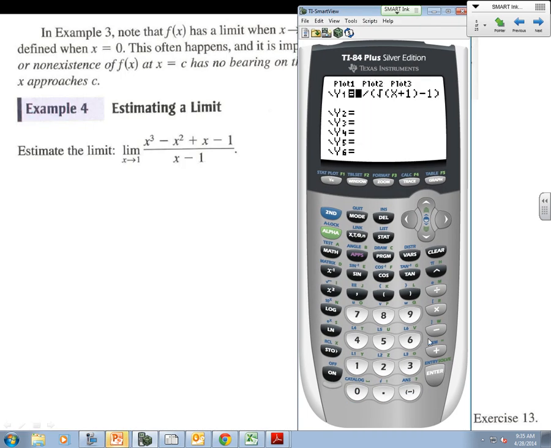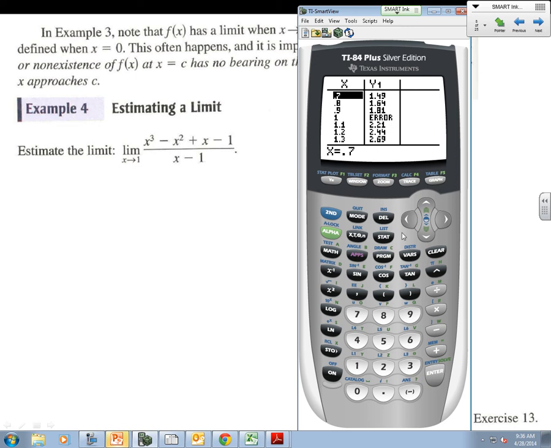Y equals x cubed minus x squared plus x minus 1 all over x minus 1. And we'll go ahead and use our table, starting a little bit below 1. And it looks like 2 is our answer.